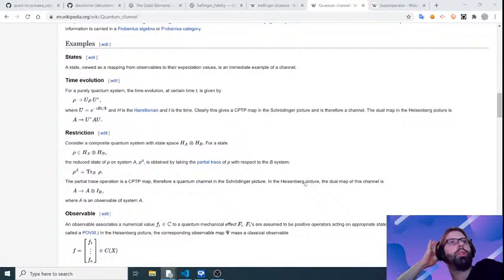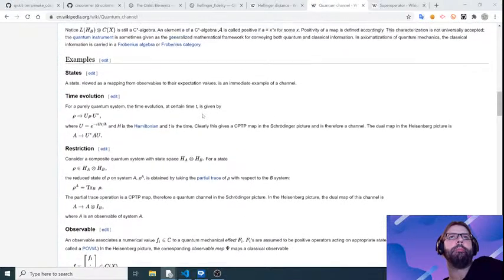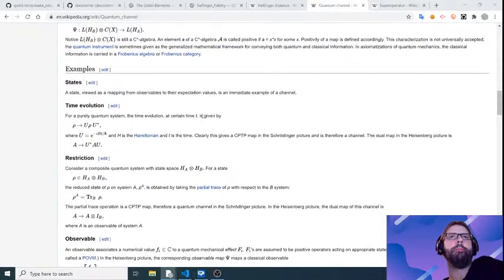For a pure quantum system, the time evolution at a certain time is given by the... is that the density matrix? Yeah, where H is the Hamiltonian and t is time. A state viewed as the mapping from observables to their expectation values is an immediate example of a channel. Is it?